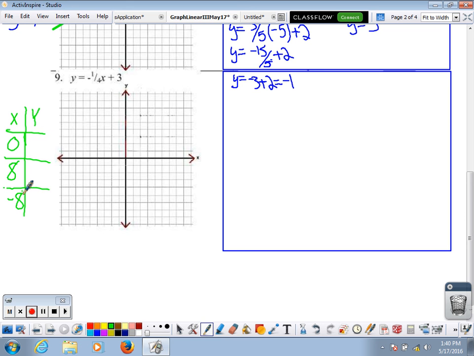Okay, why'd you pick those x's? Because they're multiples of 4. Yeah. Very good. Multiples of the denominator. Good. Okay, and what are we doing here? Subbing in those x's to find the matching y.